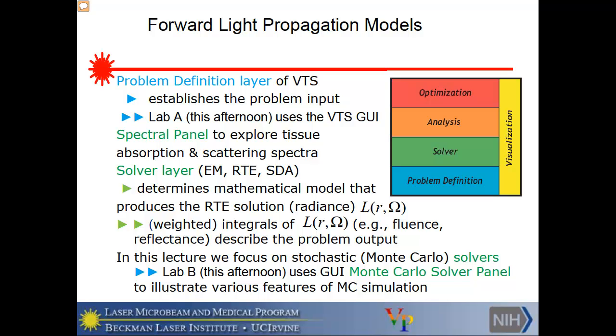So these two layers are things that we will have labs about this afternoon. But here we're going to focus on Monte Carlo solvers, and the second lab this afternoon uses the Monte Carlo solver panel and has you illustrating various features of the simulation that I'll be talking about this morning.